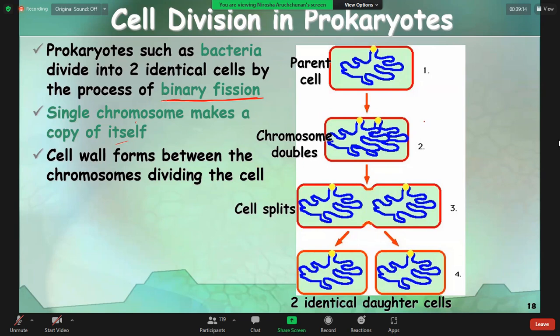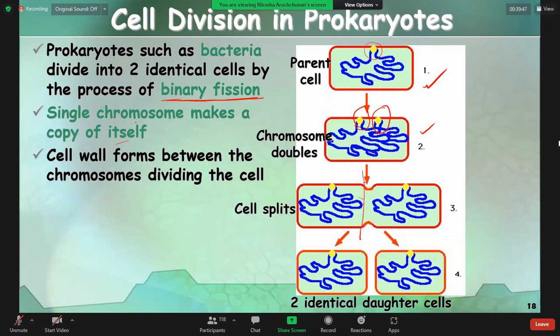Then a cell wall forms between the chromosomes, dividing the cell. Right? So the cell wall forms in between these two chromosomes. Then these are separated by this division.